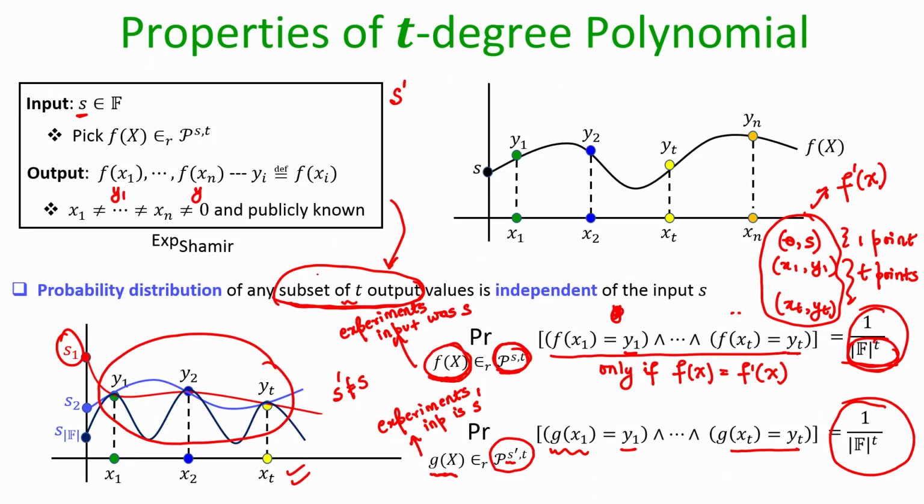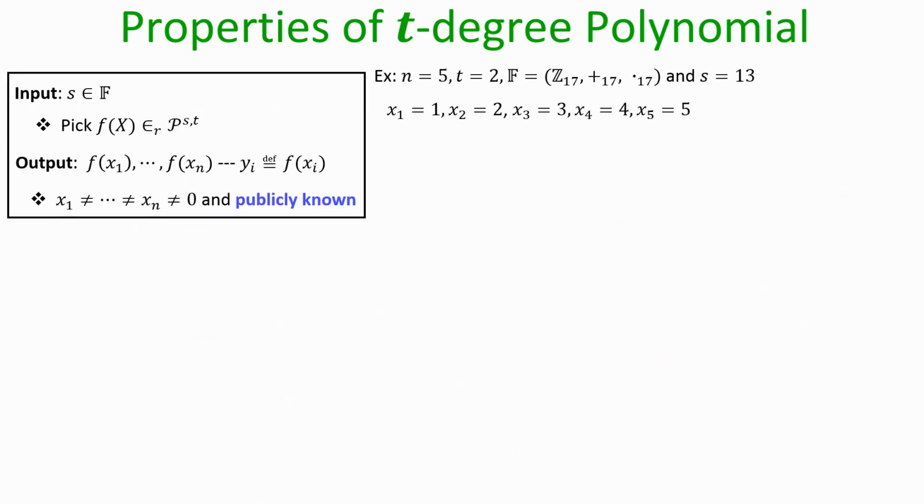My claim is that from your viewpoint those t output values could have been generated with equal probability for both input s as well as input s prime, and hence you do not learn any information about my input for the experiment.